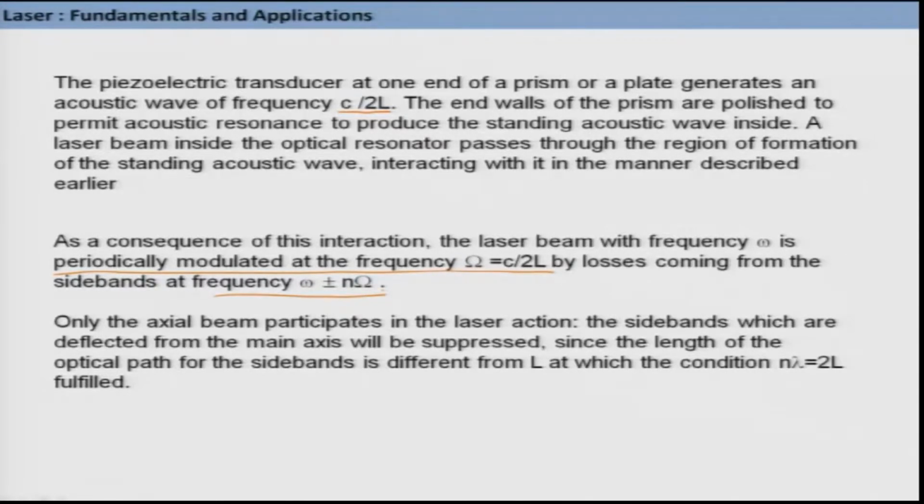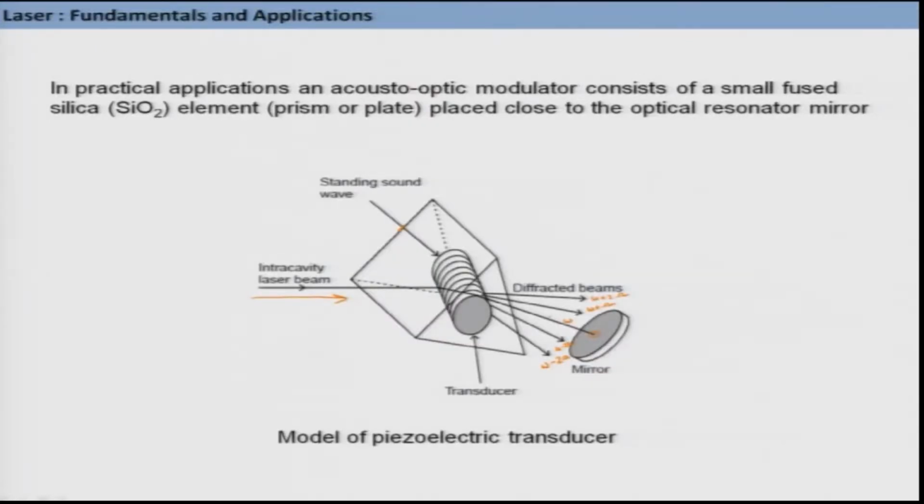Why? Because if you notice the previous picture here, this is the axial beam because it is passing through the axis of the cavity. So, the cavity is formed in such a way that this beam goes along the axis of the cavity.